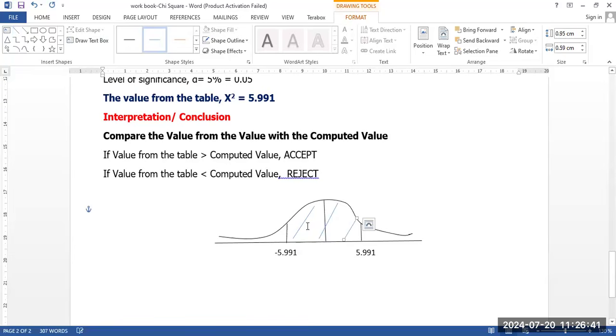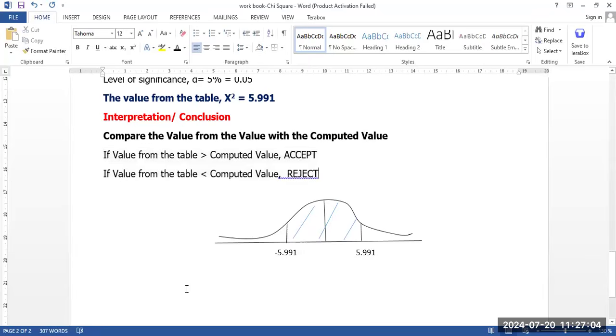If it falls within this region, we accept the null hypothesis. But if it falls outside, we reject. I believe the diagram makes it clear. Always use the diagram, it can help you very fast.